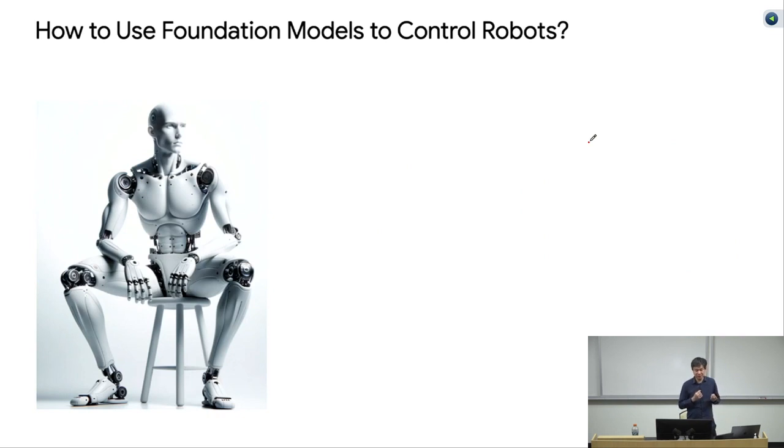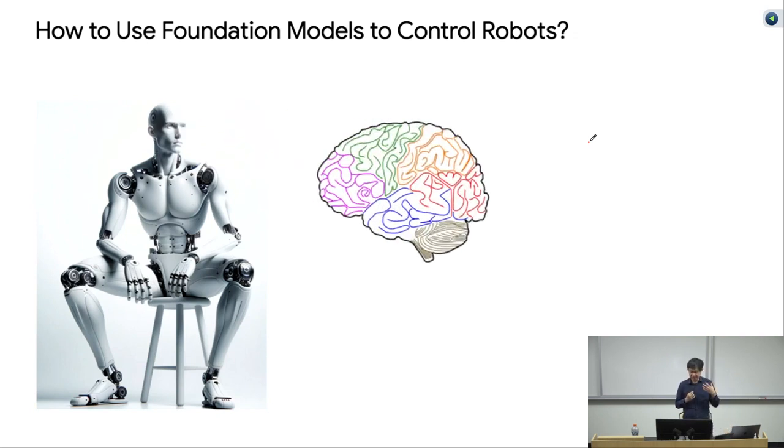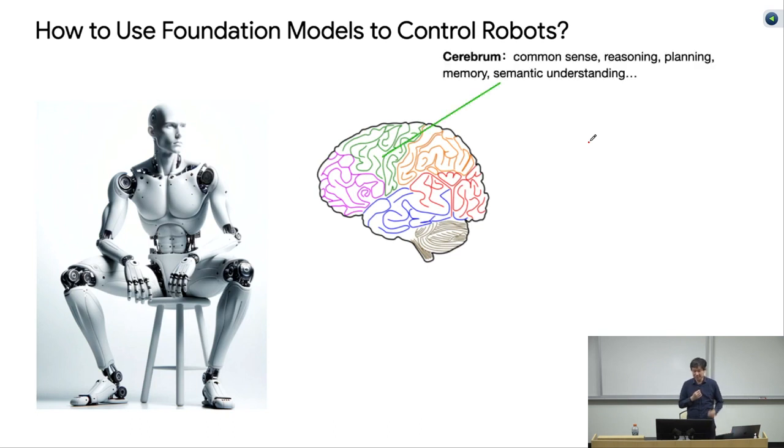Going back to the first question, how to use foundation models to control robots. At Google DeepMind, we focus a lot on the robot brain, and we get a lot of inspiration from human brains. Human brains consist of many components. Two very important components are the cerebrum and cerebellum. The cerebrum basically does the cognitive reasoning, such as common sense, planning, memory, semantic understanding, and many other higher level functionalities.